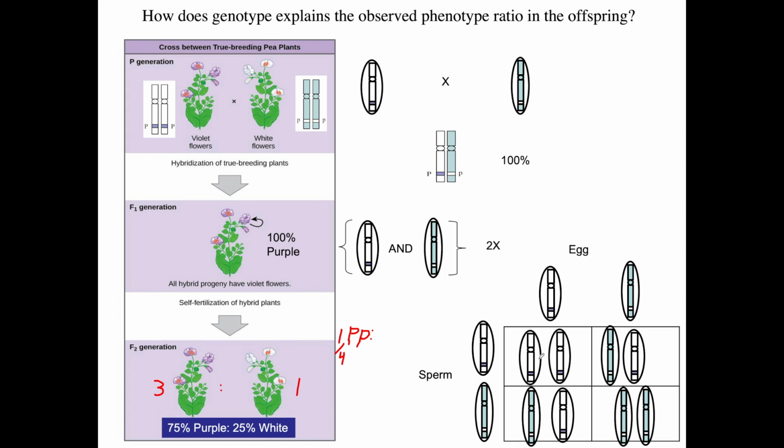So this is big P, big P. Then we have 2 heterozygotes. 2 out of 4 are heterozygote, big P, little p. And then we have 1 homozygote recessive. So 1 out of 4 is little p, little p.